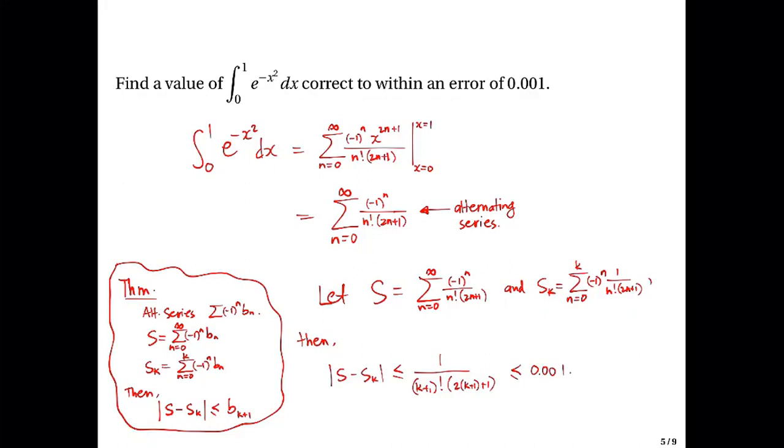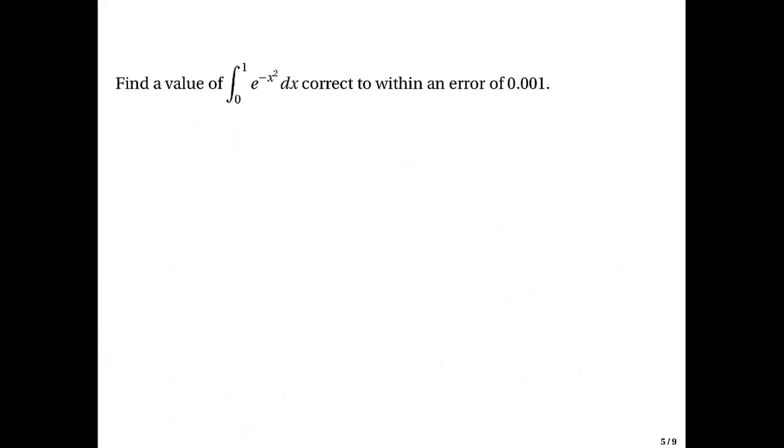Now let's write 0.001 as 1 over 1000. Is that correct? 1 over 1000, that's 0.001. And then we calculate the value of k such that this expression is less than or equal to 1 over 1000. So we solve for k.